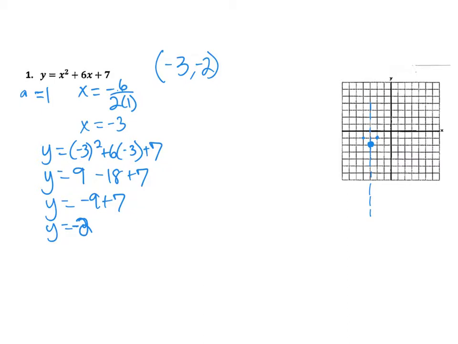Over 2 both sides, up 4 both sides. I didn't even have to find my Y-intercept. I didn't even have to make a table of values because this was so nice in parent function because my A was 1. This screen looks really nice compared to last screen.